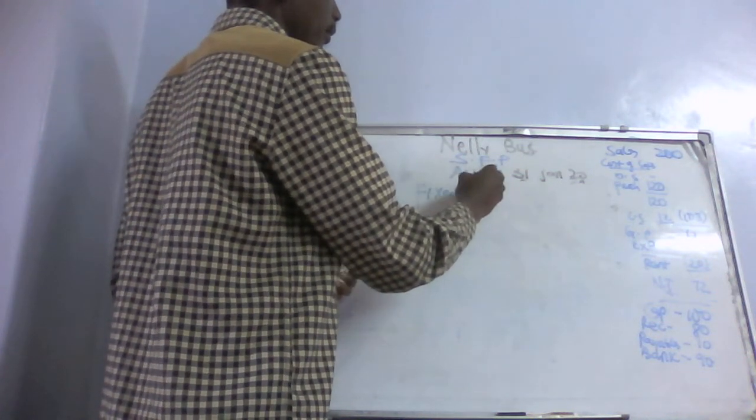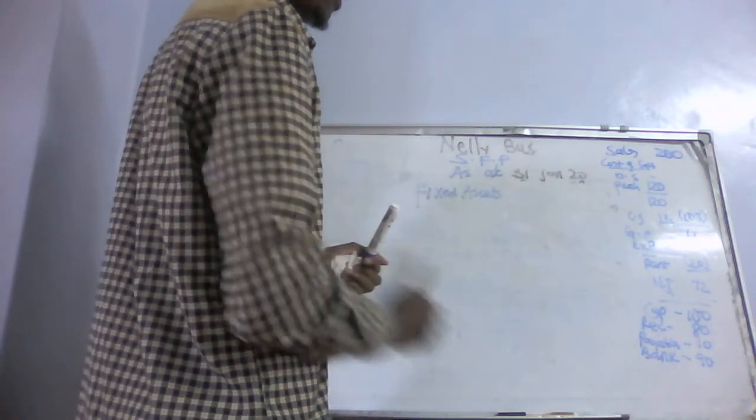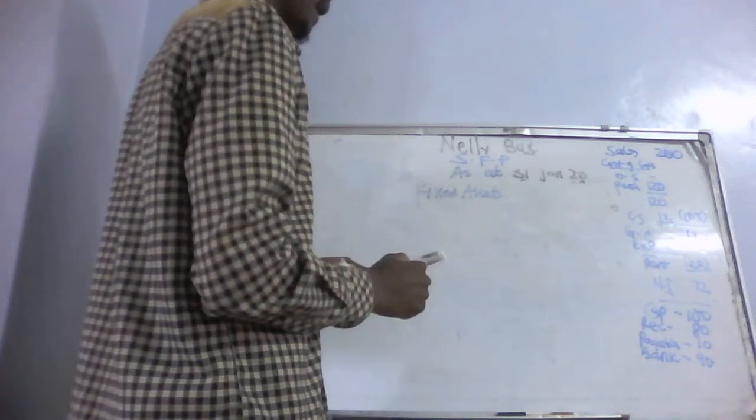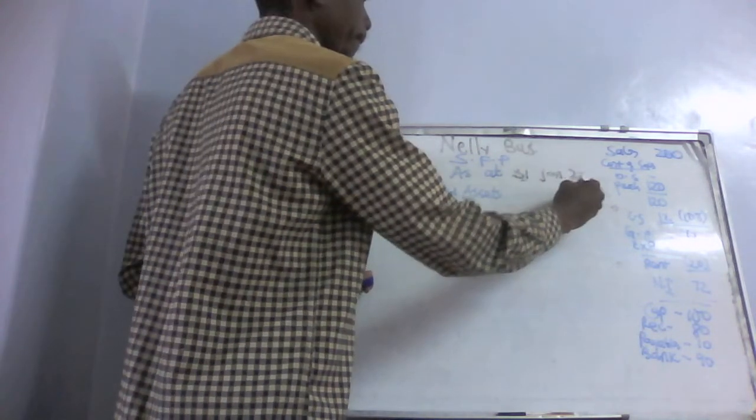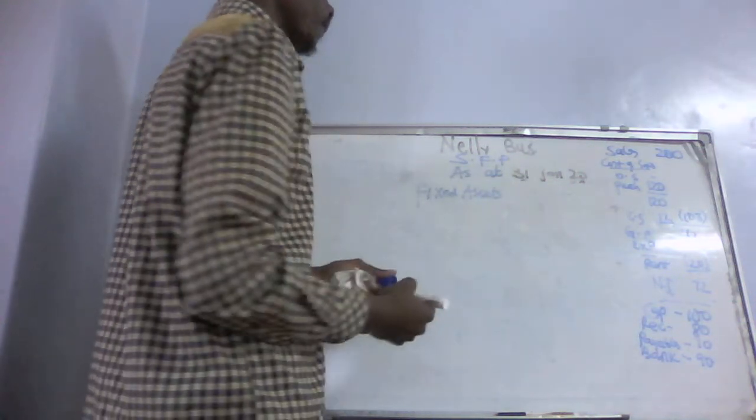Actually I don't have any fixed assets, so it will be 0. If they were there, I would have listed them here. Then I put the total here. Okay, so my fixed assets are 0.